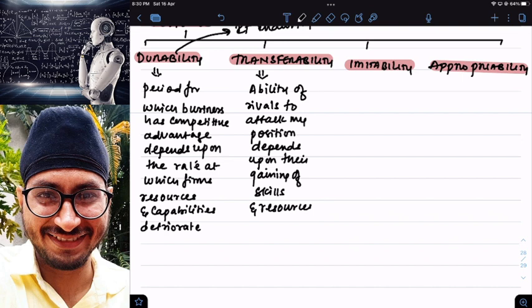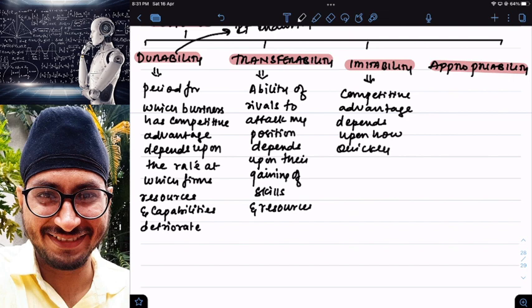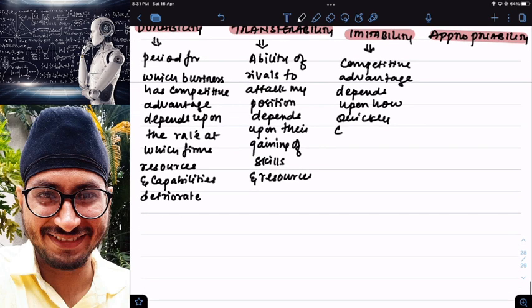Then we have imitatability. Imitatability means competitive advantage depends upon how quickly competitors are able to build skills and resources fast, clear.